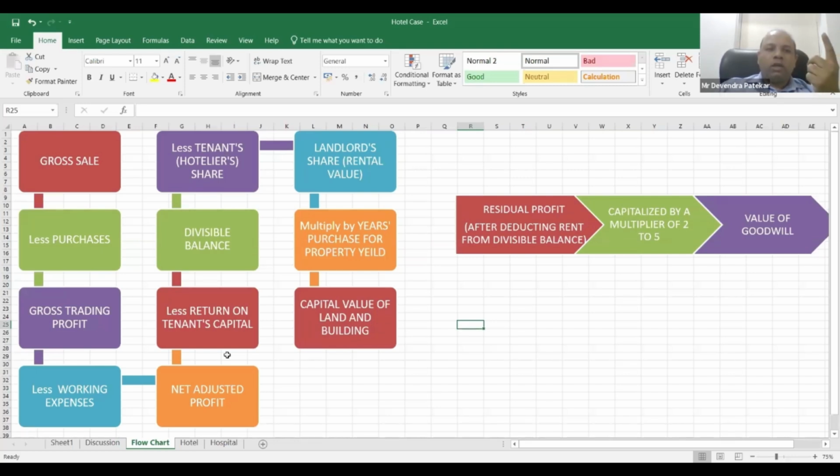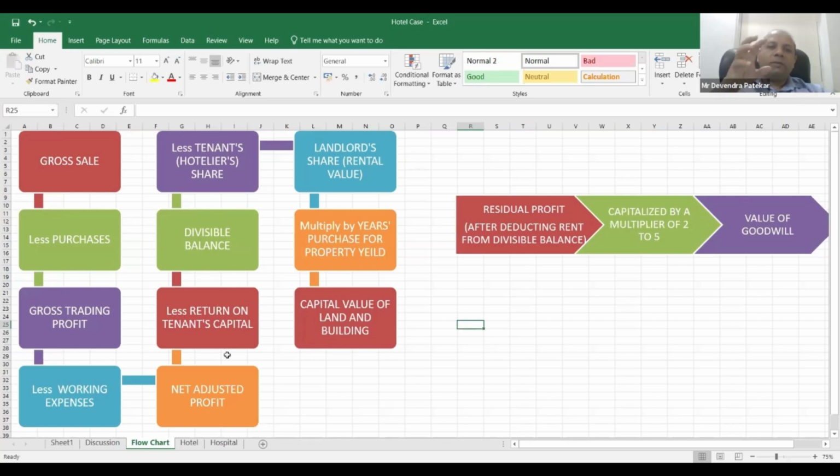One is goodwill, and another is on account of his asset, land and building. So the locational importance of the land, the building, aesthetics, views, particularly aesthetics, how the hotel is placed, how the interiors are made, how attractive it is to the customer, and the location.